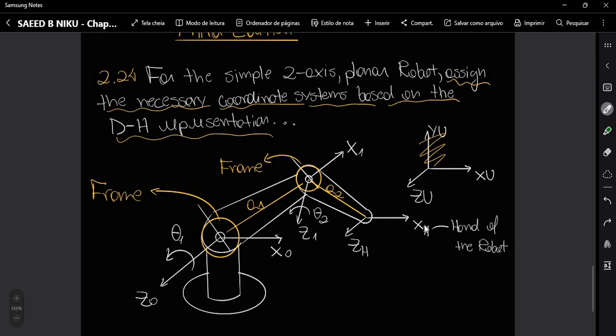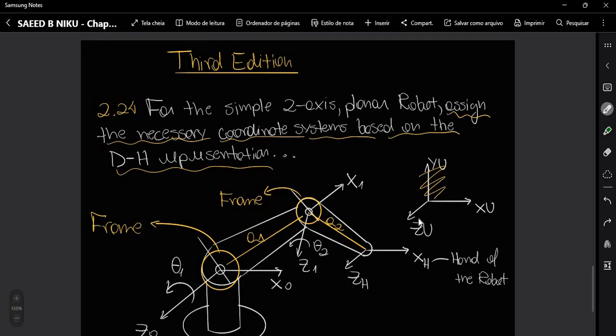In the last video we assigned these axes x0, x1, z0, z1 to each joint, and this way we turn them into frames, giving us a reference to track the motion of this robot.